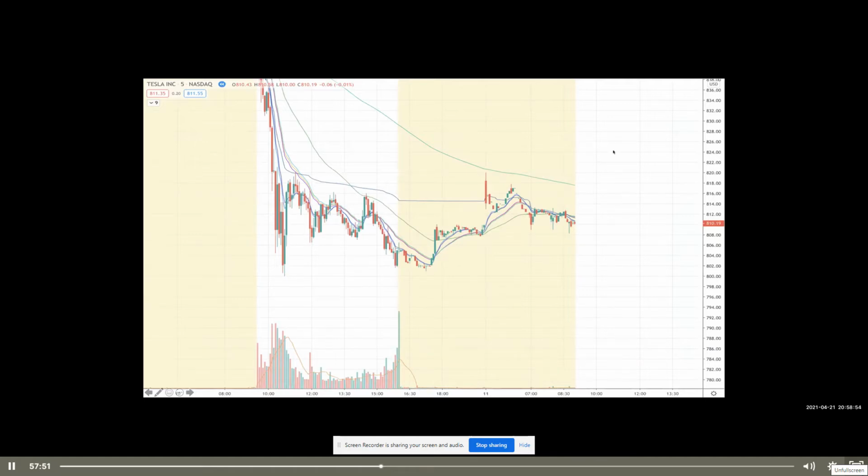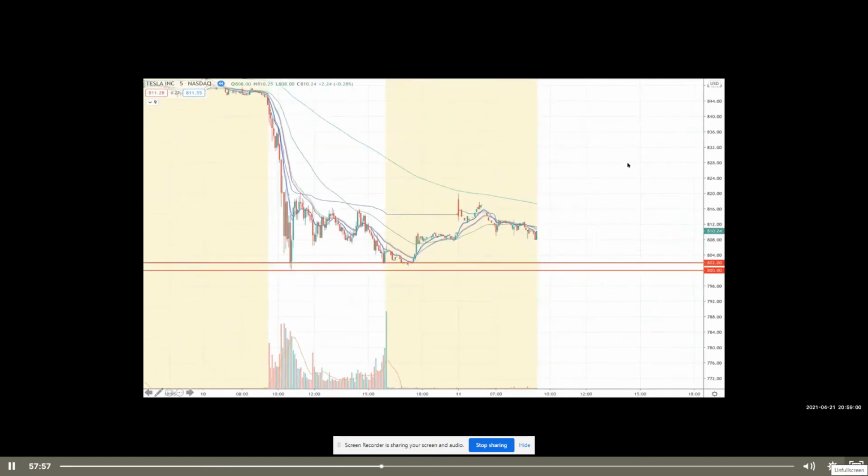800, 802. Yeah, a lot of you guys got it. Let me show you. Boom, there it is. You can see 800 was technically the floor, but it actually had more bounces off of 802. The candle on this one closed at 802, and the second candle opened at 802.